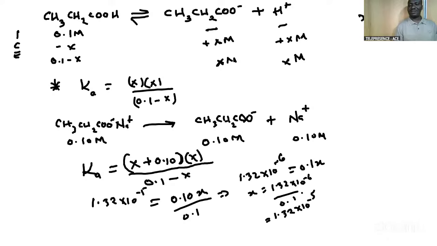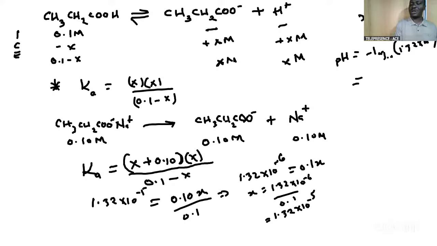That is the hydrogen ion concentration, because that is X. So now that we know X is 1.32 times 10 to the power of minus 5, the question says, what's the pH? The pH of the solution will simply be equal to minus log to base 10 of 1.32 times 10 to the power of minus 5.